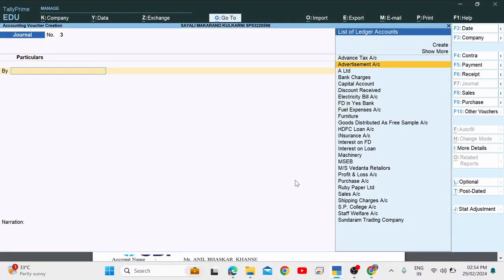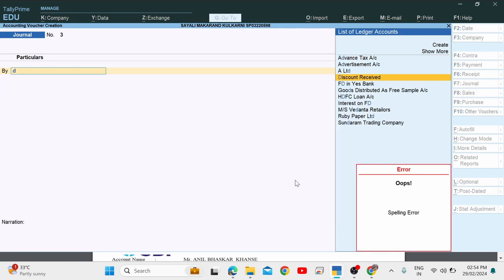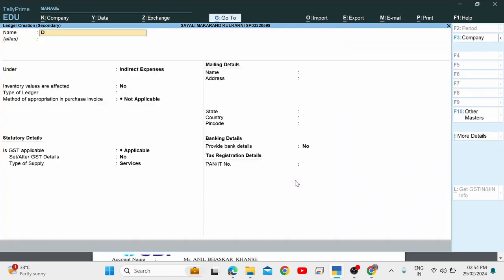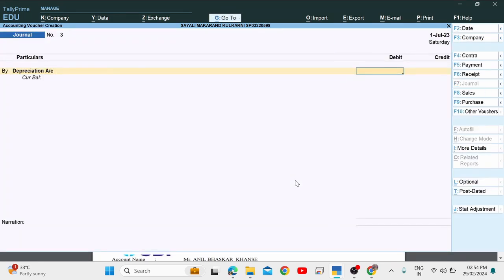In the journal, the depreciation entry: depreciation is a nominal account and an expense, so debit depreciation, but we don't have that account. Create the depreciation account under indirect expenses. Don't waste time calculating, just type 1, though I know that is not the correct amount; for the time being say 1. We'll get the total afterwards and then reverse it.